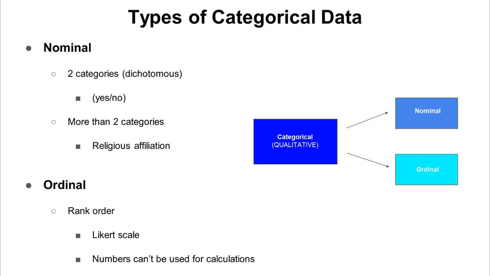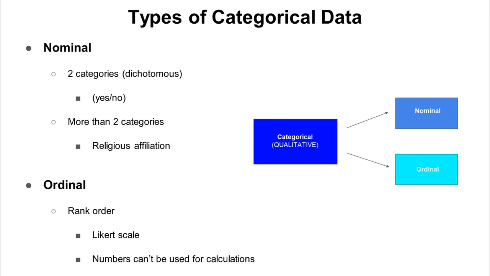The other type of categorical data is known as ordinal data. Ordinal data is just a rank order. And probably the most common example you'll see for ordinal data is something known as a Likert scale. The Likert scale is that scale when you're filling out surveys, you see number 1 equals strongly agree and number 5 equals strongly disagree, with 4, 3, and 2 in between, indicating the choice there.